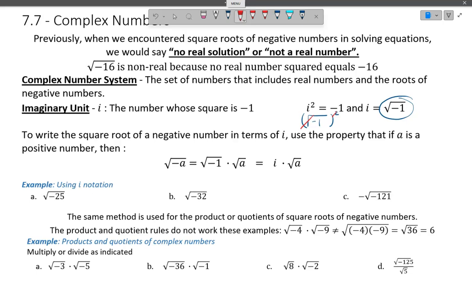We define that as the imaginary unit i. So i is equivalent to the square root of -1. i squared is the same as having the square root of -1 squared, so i squared is equivalent to -1. We use these two identities a lot with our imaginary numbers.